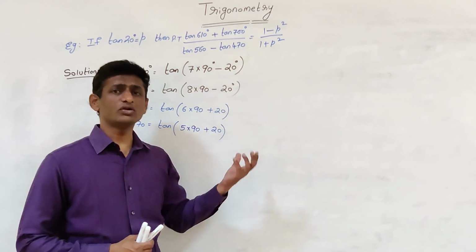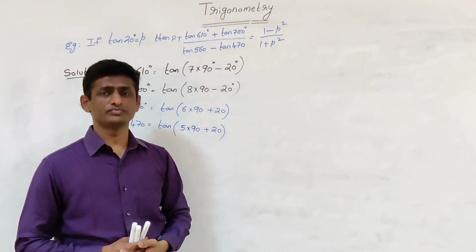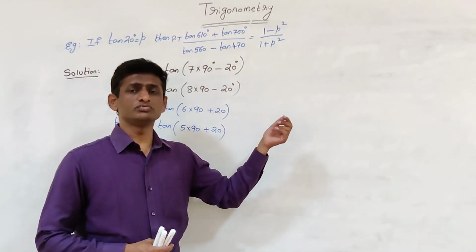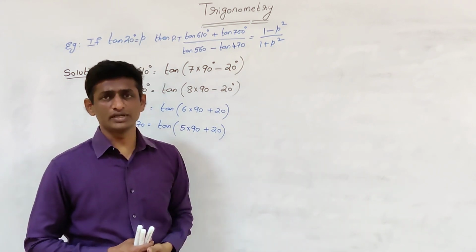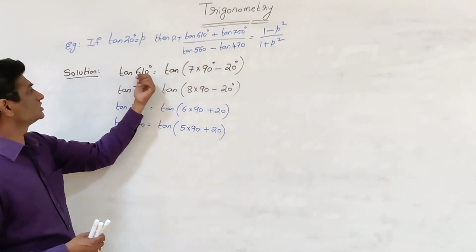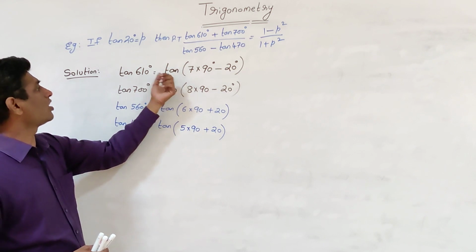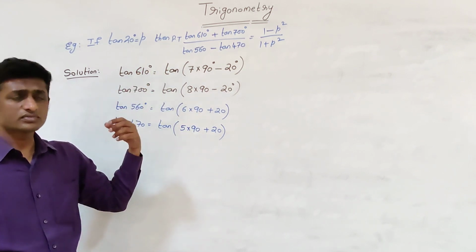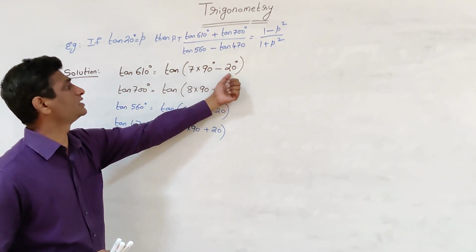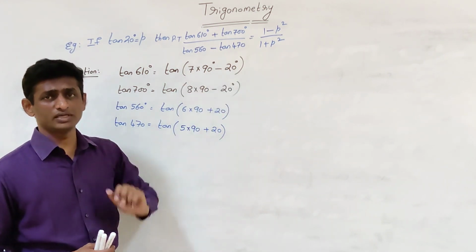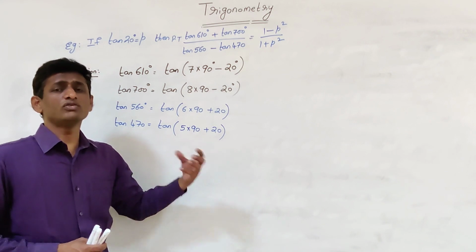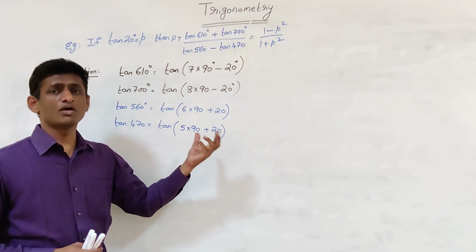If we know tan 20, we can substitute the P value. So let us try to convert the different angles in terms of 20 degrees. As tan 610 degrees is there, tan of 610 is 7 times 90 minus 20. 7 times 90 means 630, so 630 minus 20. And we'll see what the trigonometric ratio will be.